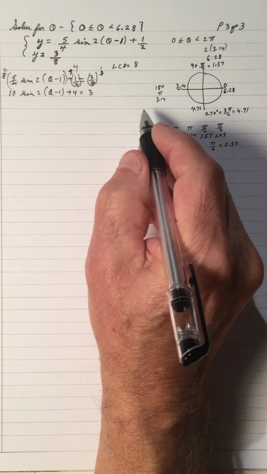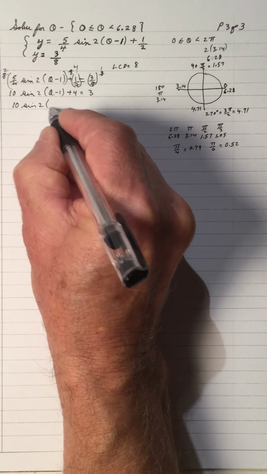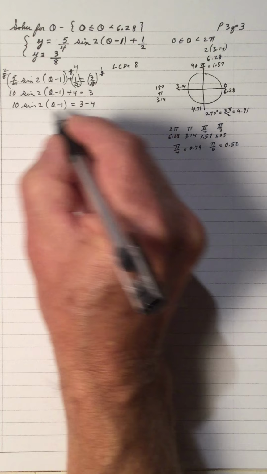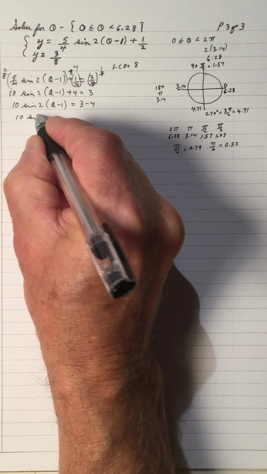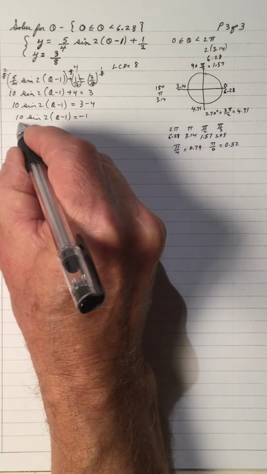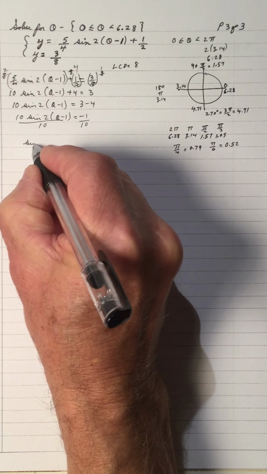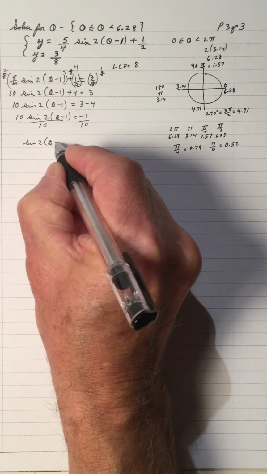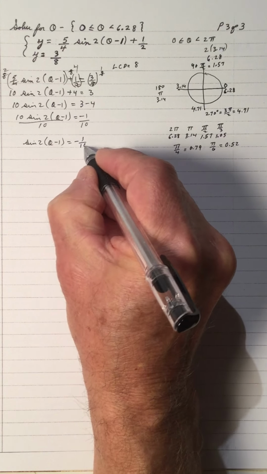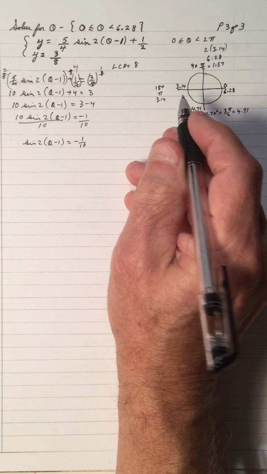So now I have no fractions. Let's continue to simplify. 10 sine 2 theta minus 1 equals 3 minus 4, which is negative 1. Divide by 10, and I get sine 2 theta minus 1 equals negative 1/10, which is negative decimal 0.1.